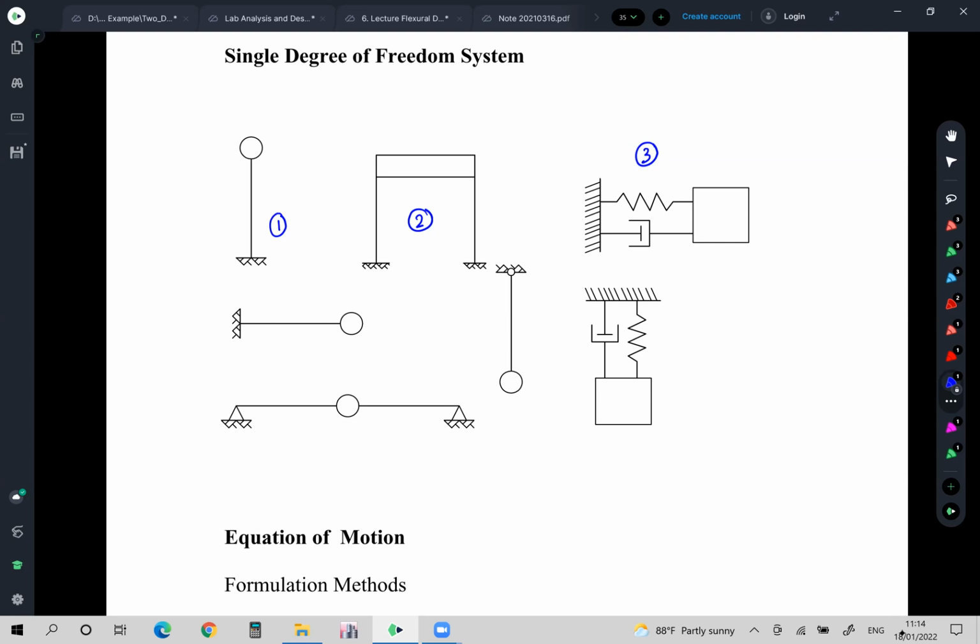Number 3, they don't care whether your movement is controlled by the flexural mode or shear mode, it is just represented by the spring. Number 3. Okay. But believe me, all of them are the same mathematical model. You end up with the same mathematical model, and with the same mathematical model, you can expect the same solution of X. No difference.